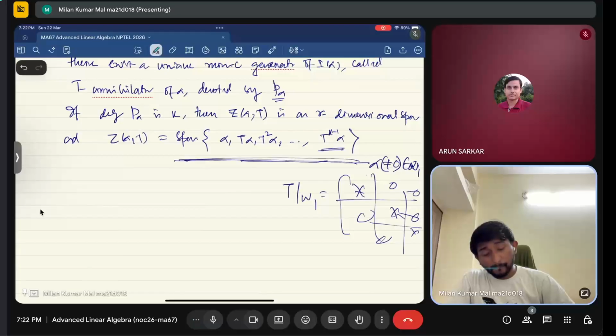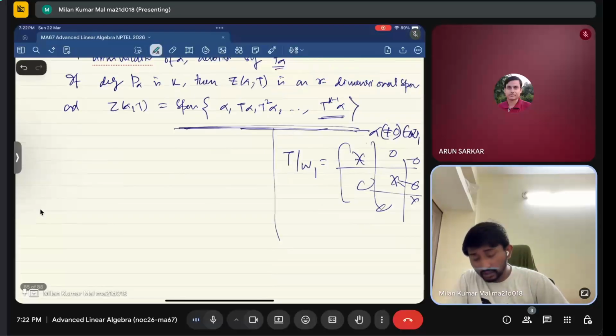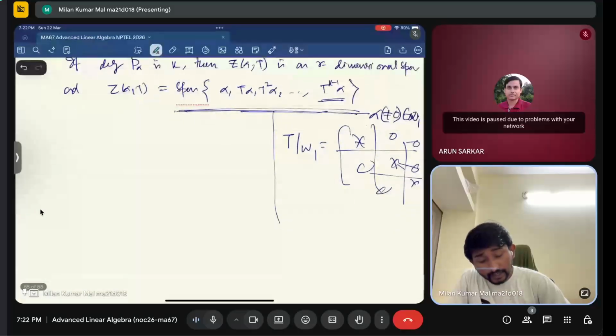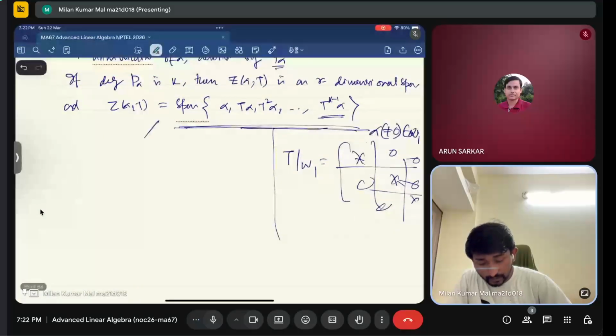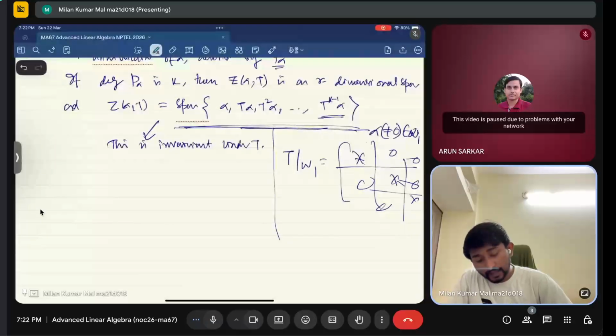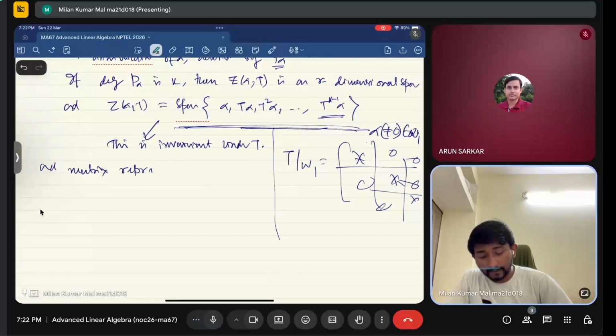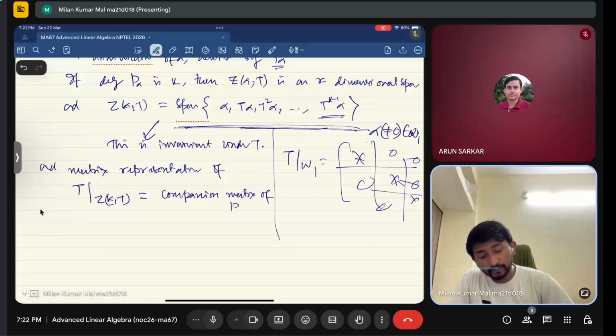Here comes the cyclic decomposition theorem. Before that, as I have said, this is invariant under T, and the matrix representation of T restricted to Z(alpha; T), as an operator on Z(alpha; T), is the companion matrix of P alpha.